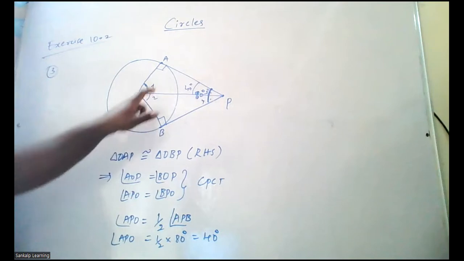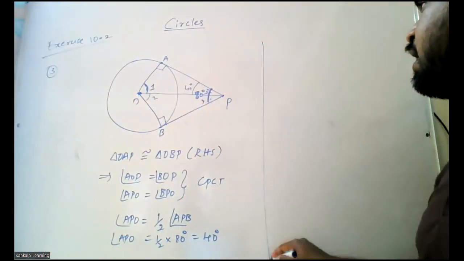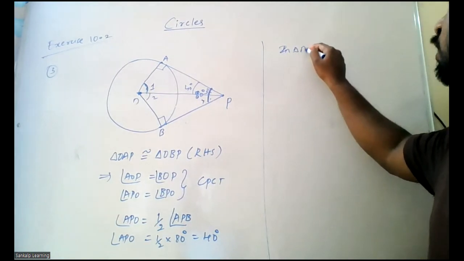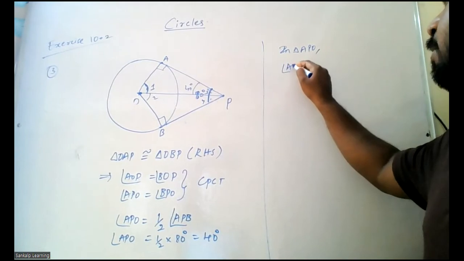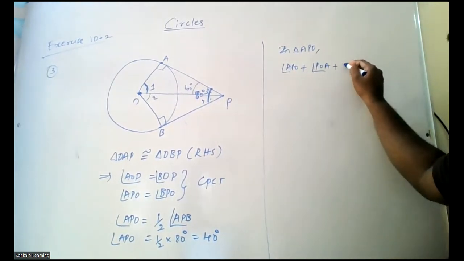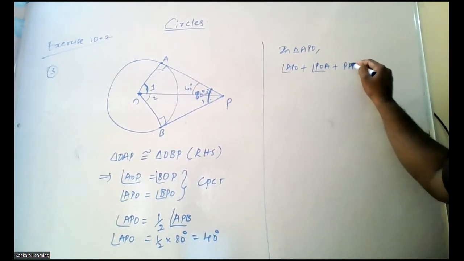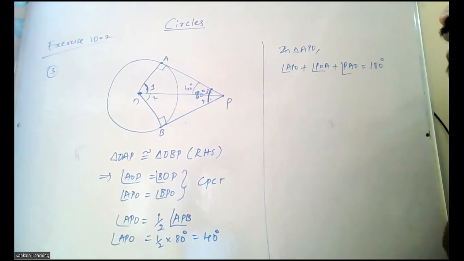Now concentrate on this triangle, APO triangle. In triangle APO, let me add all the angles. That is angle APO plus POA plus PAO. If I add all the three angles in a triangle, it will be equal to 180.